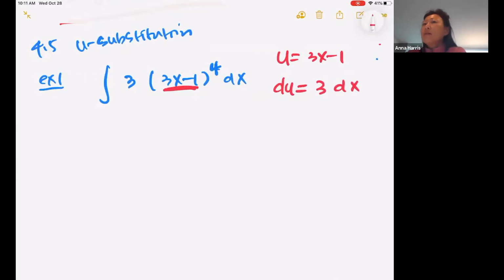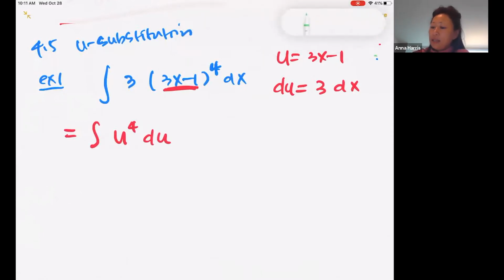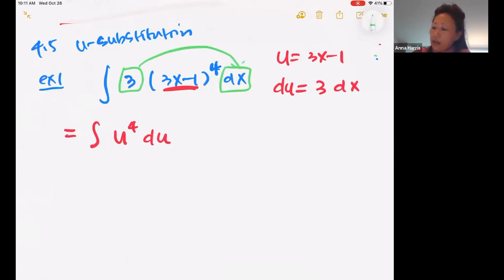All right, do you recognize the pattern? Now I can rewrite this problem as u to the 4 du. Does everybody see it? The pattern is this and this together become a du, right?